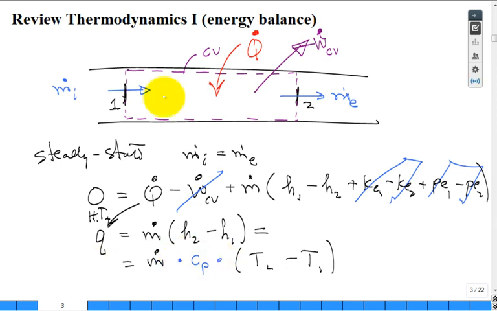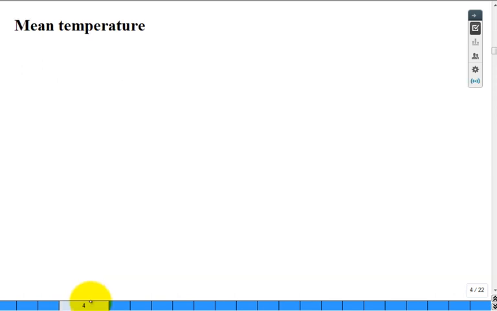So when you dump heat into the fluid that's flowing down, what you're doing is you're changing the temperature of the fluid. That brings us to a very complicated discussion. The mean temperature.